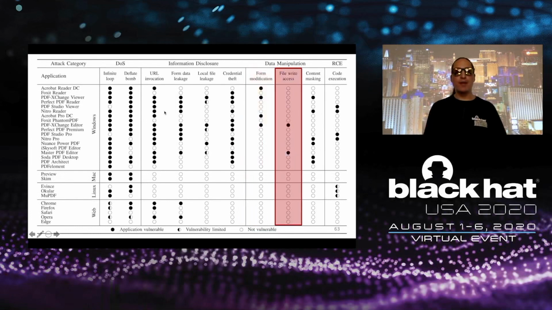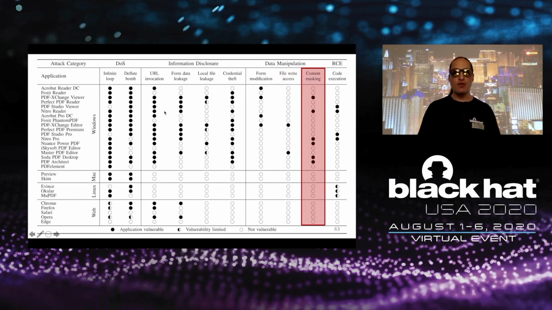Okay, but file system access or file write access, so writing to arbitrary files on disk, worked for 2 applications, which is pretty bad. And for 6 viewers, we could craft a document that renders different content in each and every other PDF viewer. For the others, you basically have to chain edge cases together to achieve the same effect.